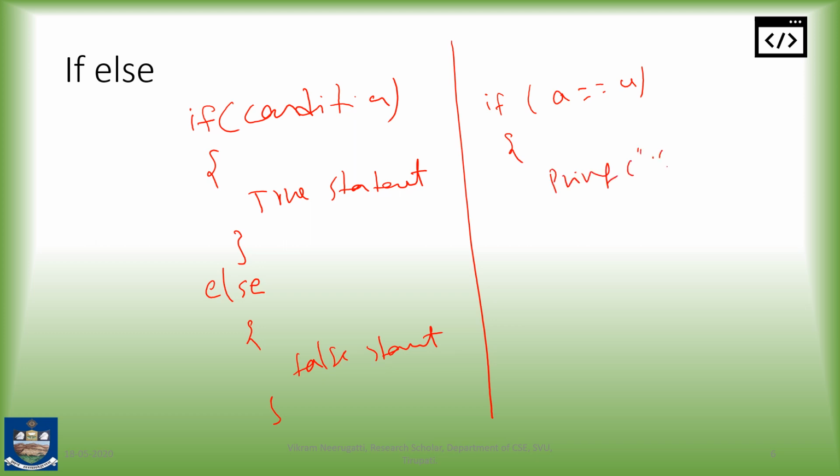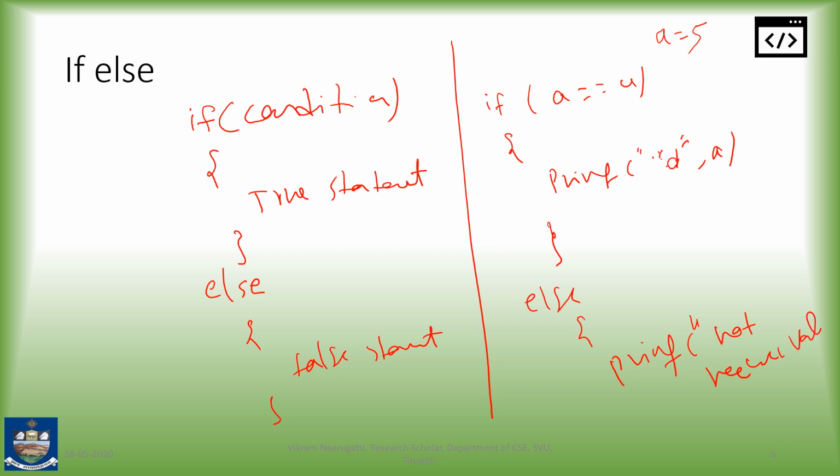We will print percentage d, a value. If for example a equal to 5, we will print the else statement, printf not required value. This is the way of the if else statement.